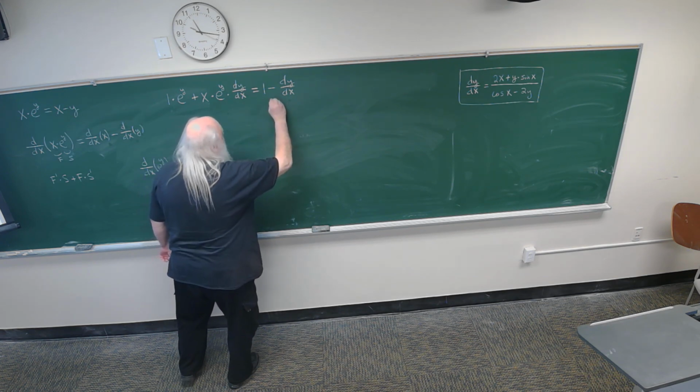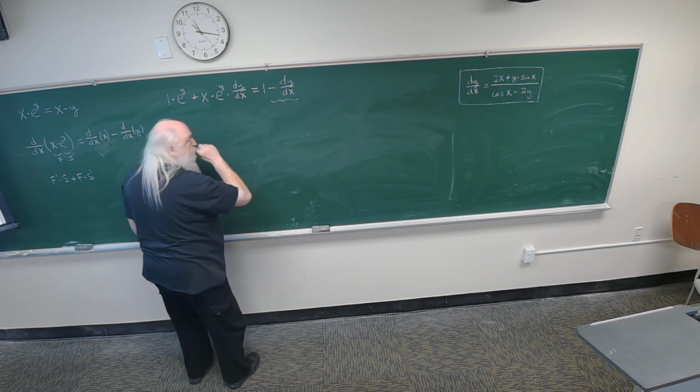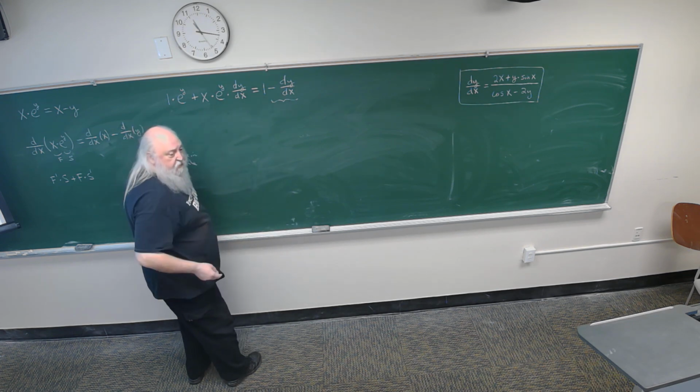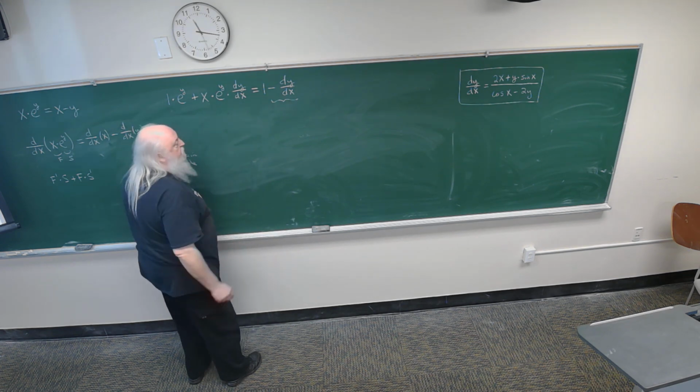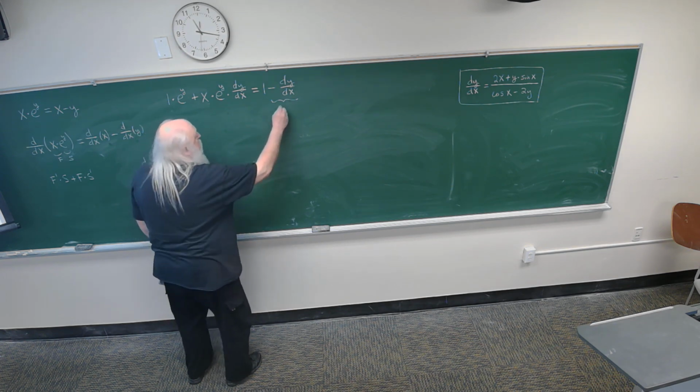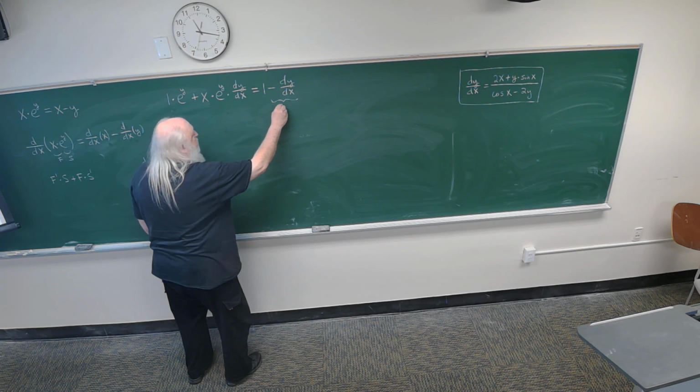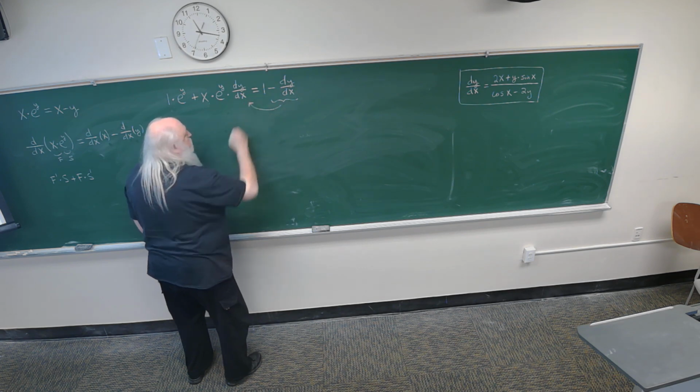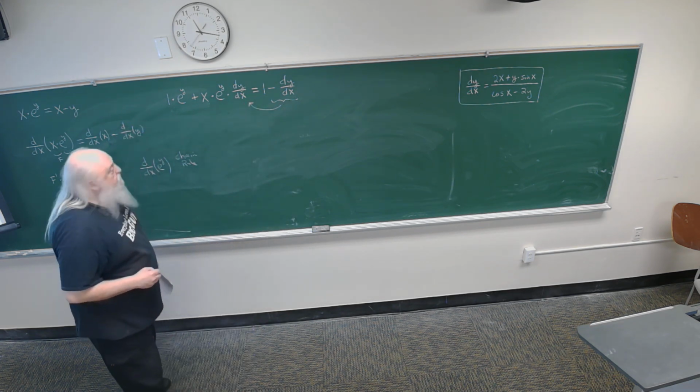We'll do it in 2 steps again. But if you were doing this at home, doing your homework tonight, you could do 2 steps at a time, or 3 steps. So we're going to move this minus dy over dx to the left-hand side by addition.